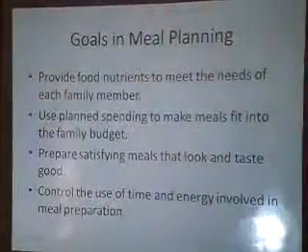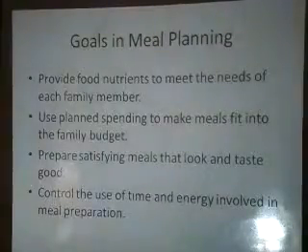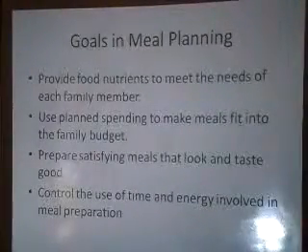It shouldn't be one way. So this afternoon, we've been able to talk about the basic terms used in meal planning. We also talked about the goals in meal planning.